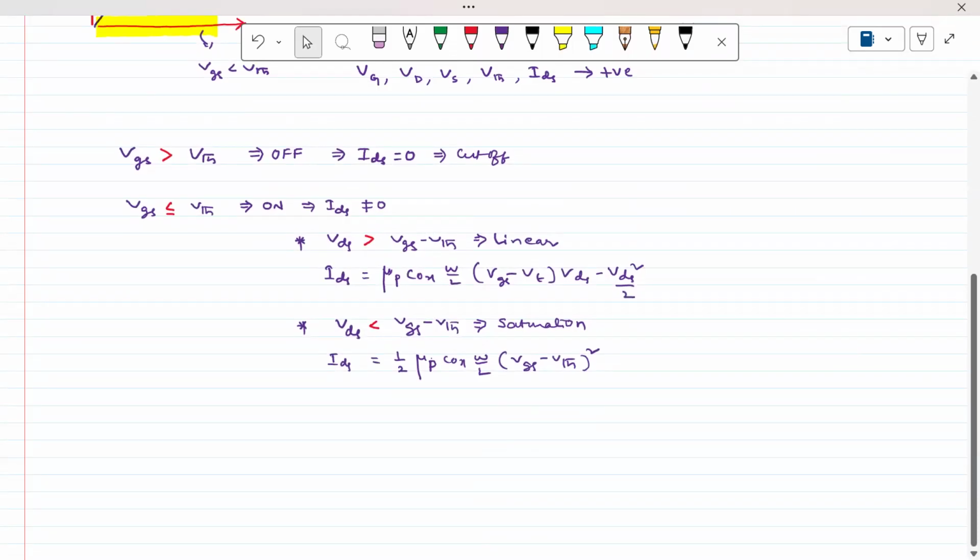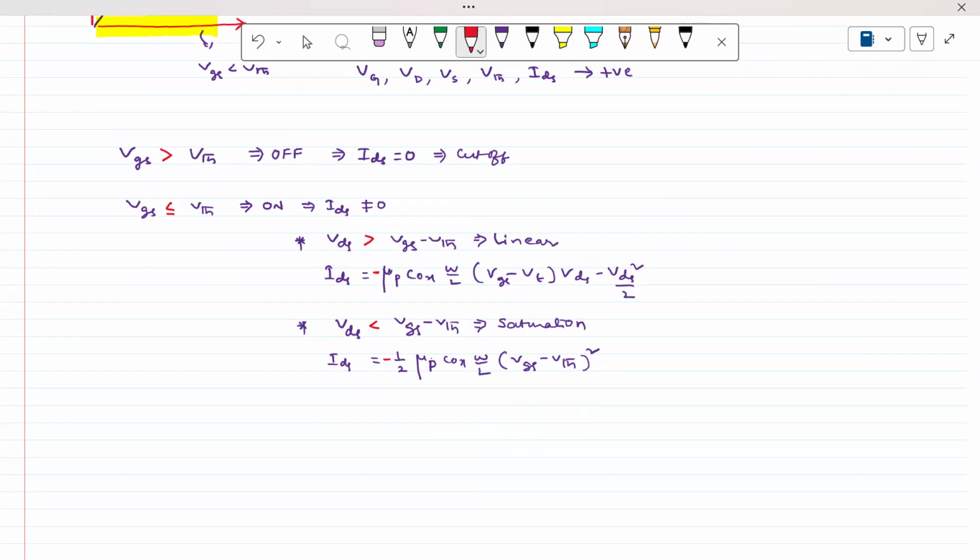Just this is what these are. And one more thing is that it's a negative current. We have to take minus. IDS is a minus. This is also minus. We'll come to this by explaining some concepts. Therefore, if VGS is greater than VTH, then it is off.